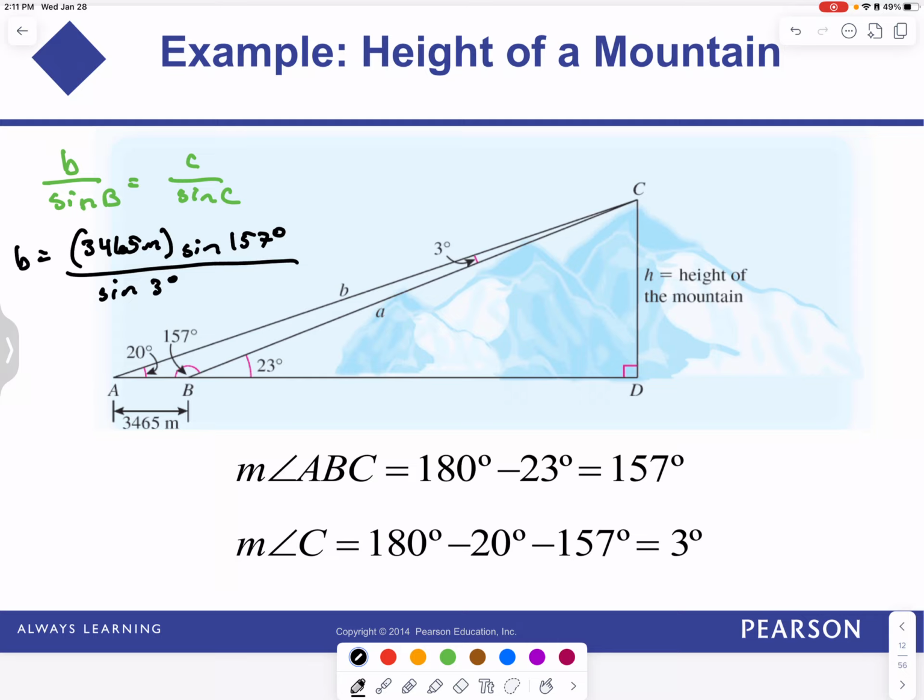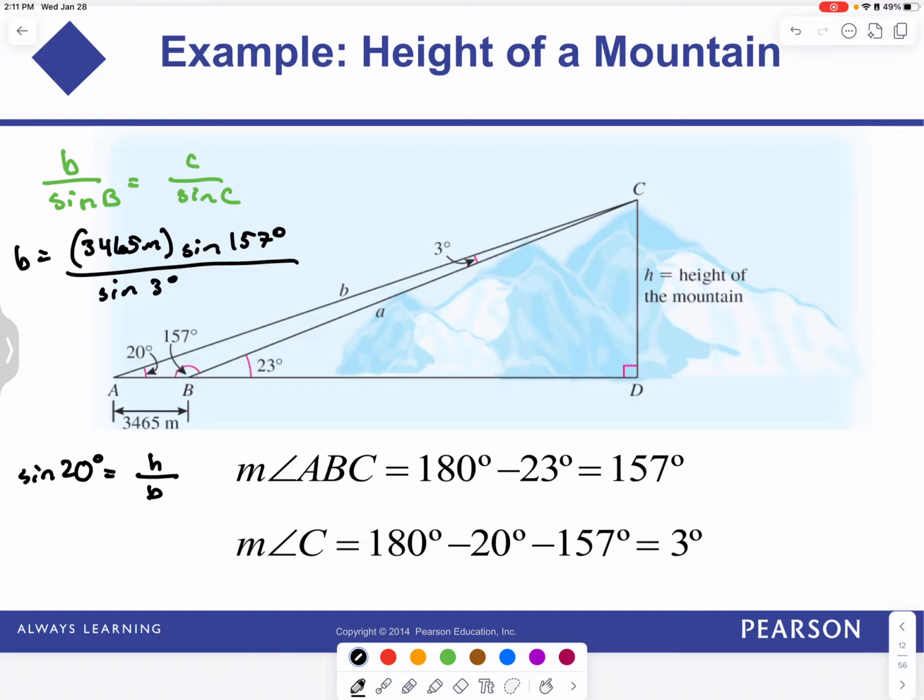And we want H. So we have the 20 degrees. We have the side B. We want to find H. So if we took the sine of 20 degrees, that should be opposite over hypotenuse. Okay. So I'll continue working here. If we did the sine of 20 degrees, that should be H over lowercase b, the result we get from up top.